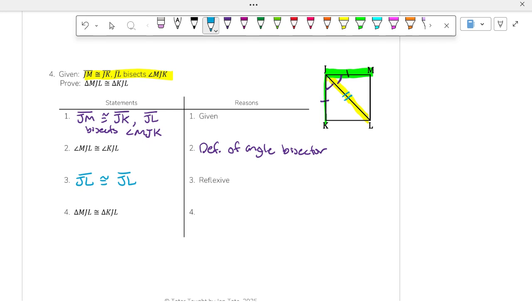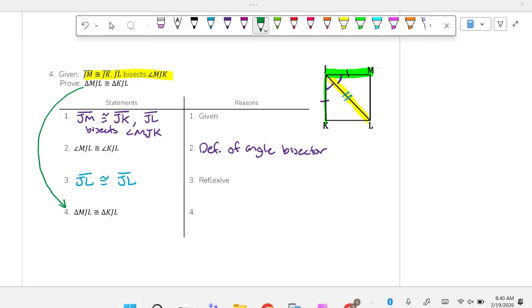Now, we come to our last statement, which is that those two triangles are congruent to each other. Why I tell you guys to mark everything as you go is because now we can clearly see what postulate is going to tell us those two triangles are congruent. What postulate is that?